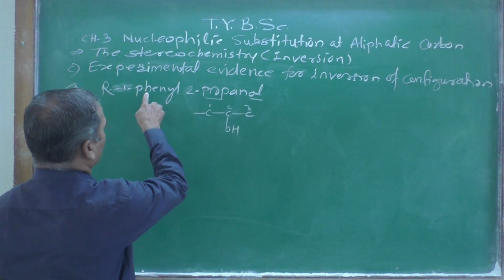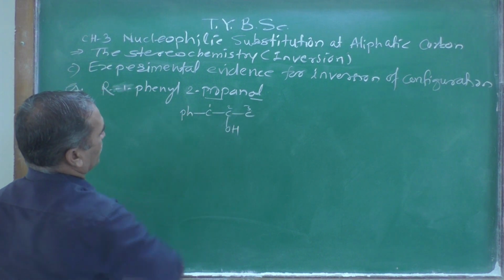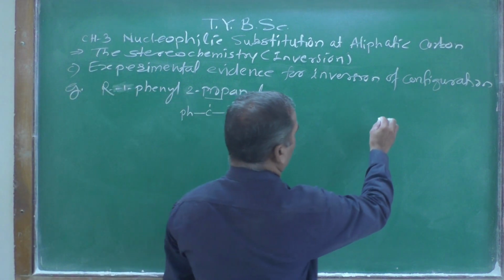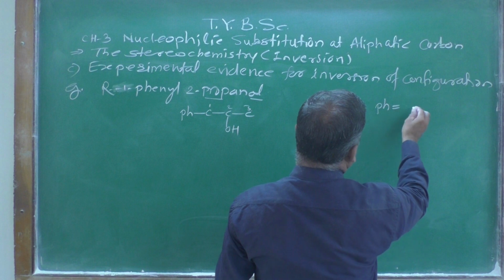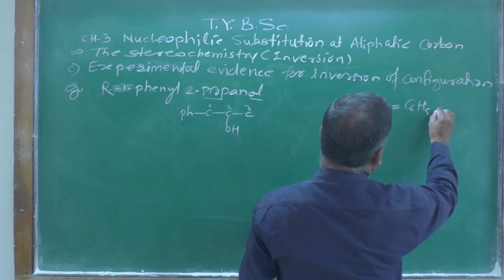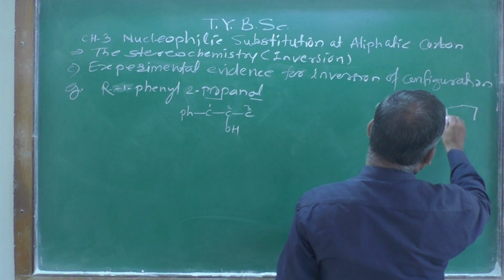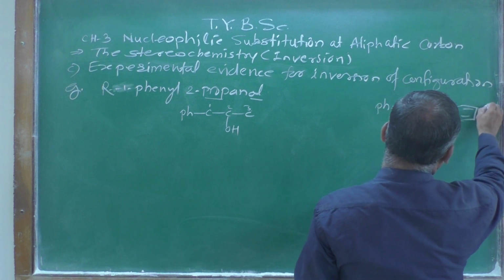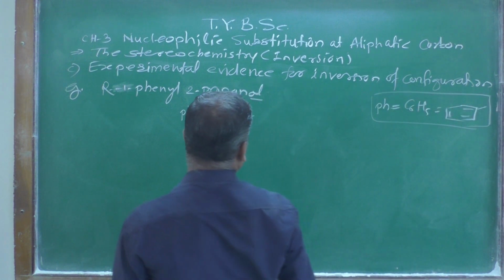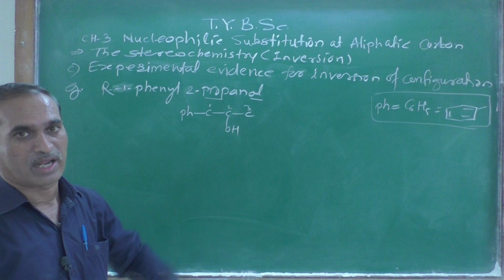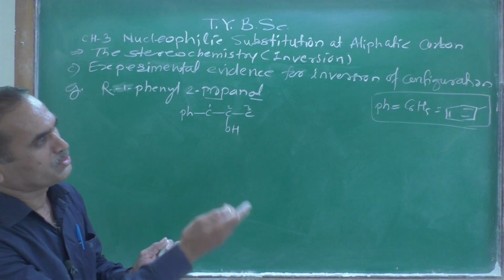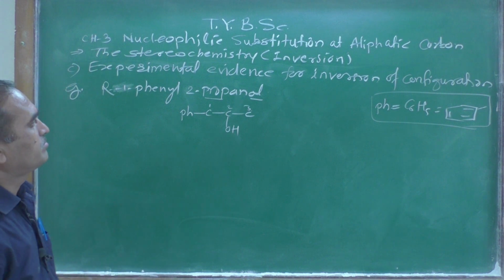At this position, the phenyl group, you can draw here Ph, which is nothing but C6H5, or you can draw the phenyl group like this. These are the various ways, remember this one. Ph in short is C6H5, or you can show the benzene ring.